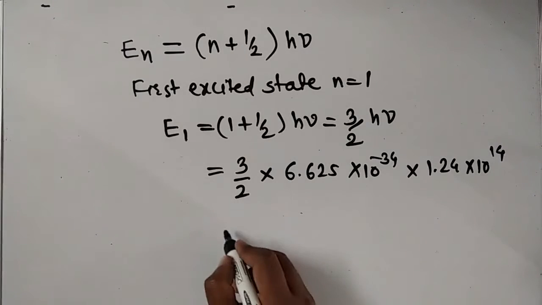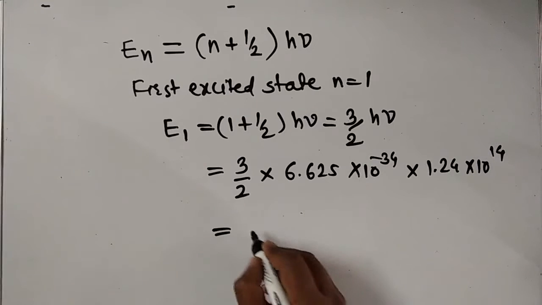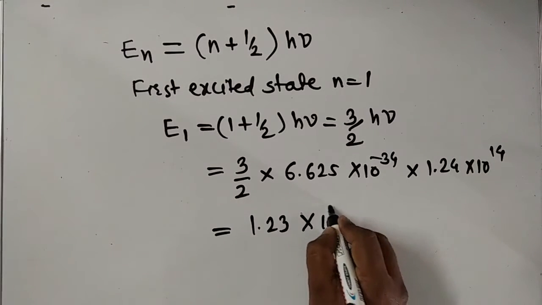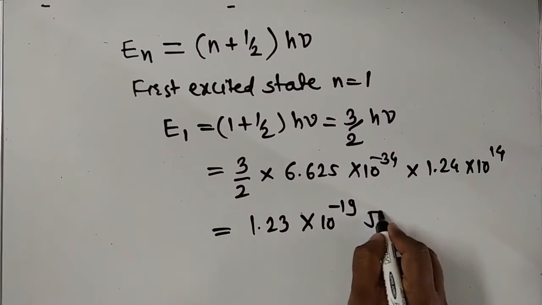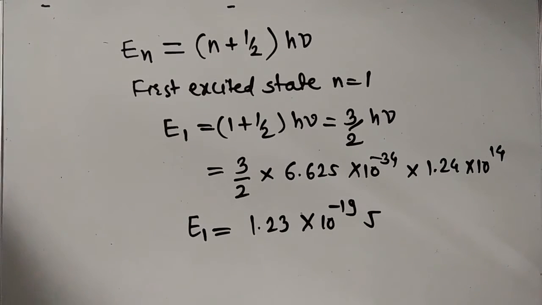So we can calculate, and that value comes out to be closer to 1.23 into 10 raised to minus 19 joule, right? So this is E1, right? Again, if you want to convert this quantity into electron volt, we can just divide it by 1.6 into 10 raised to minus 19, right?